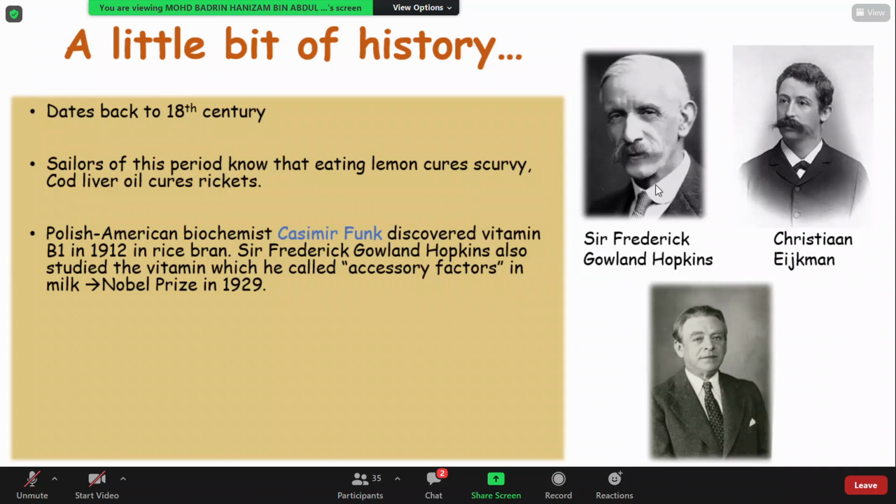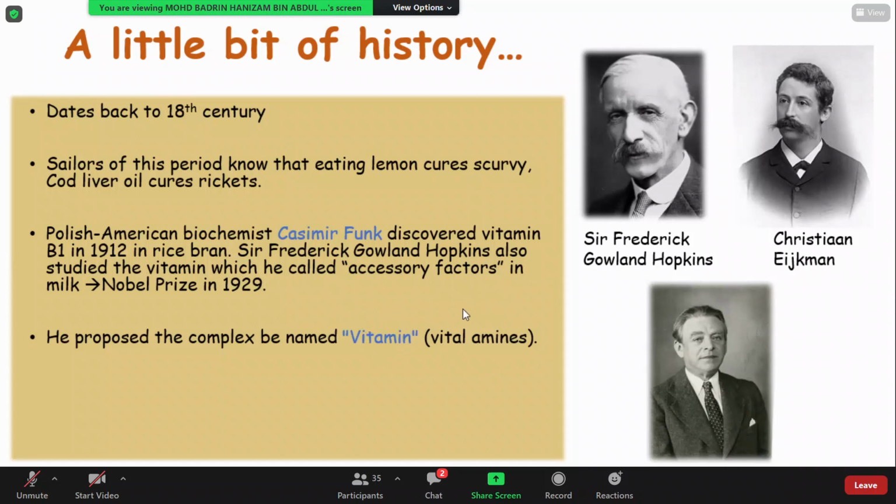And later on in 1929, this guy was awarded the Nobel Prize for his discovery. And then he proposed that the complex he was studying in milk be named vitamin, because at that time what he had found was that all these compounds contained amines, so we called it vital amine.